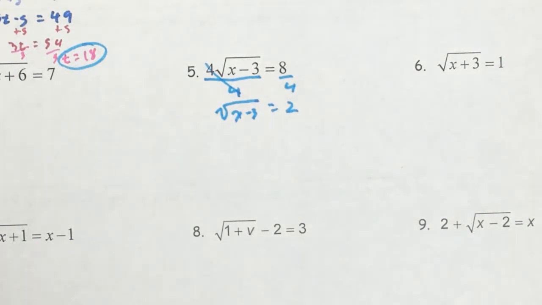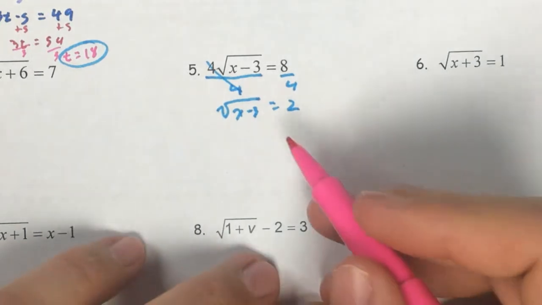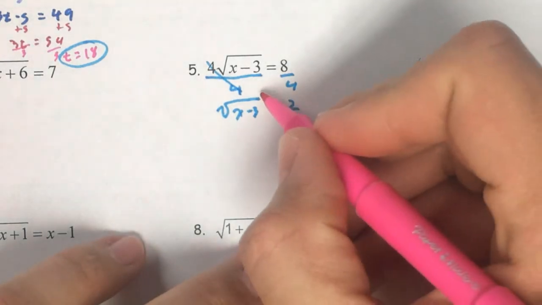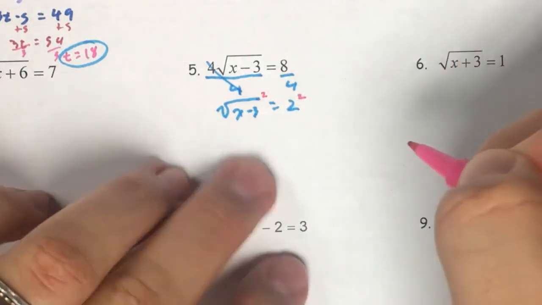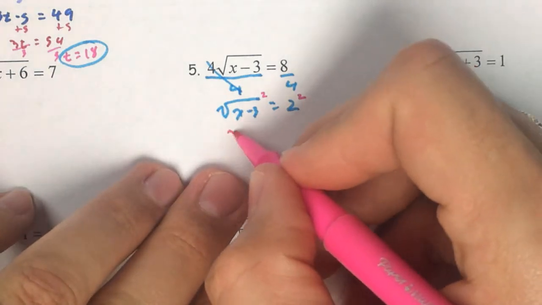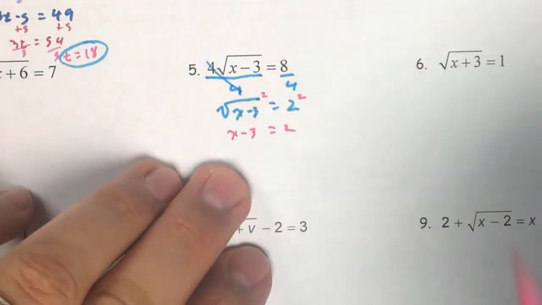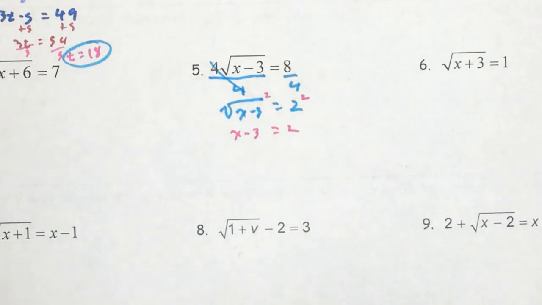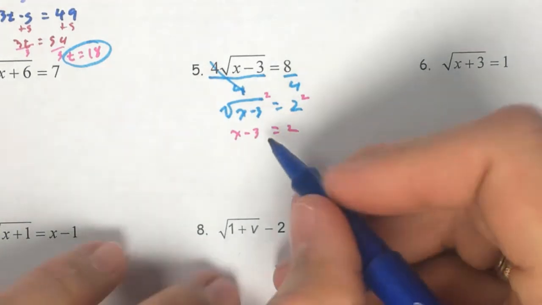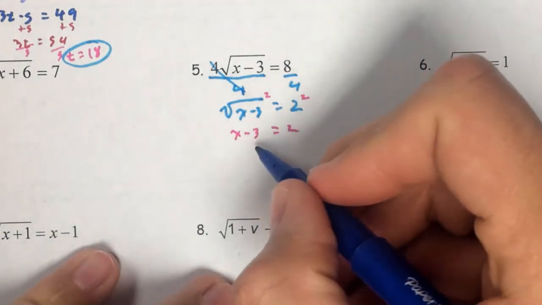Now that I have my square root isolated, I'm going to go ahead and square both sides. Square, square. When I square this, I get x minus 3 is equal to 4. After I square both sides, I can go ahead and solve for x. This one's nice and simple.